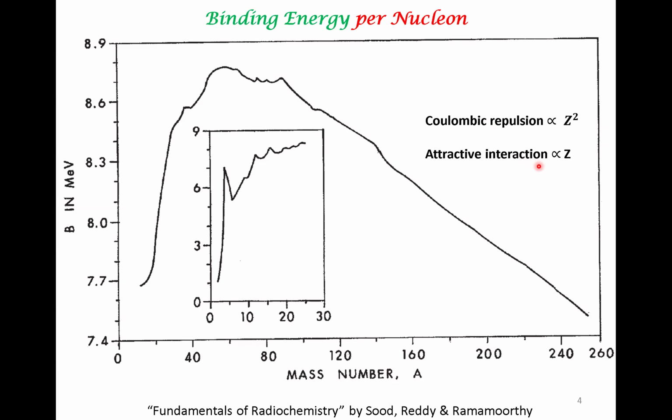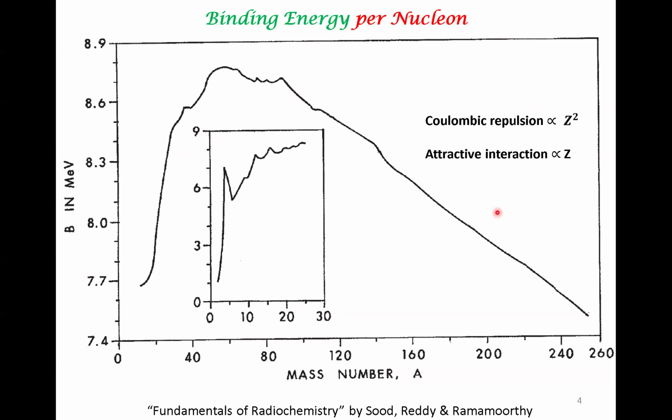So when Z is smaller, this tends to dominate. When Z is larger, because this varies quadratically with Z, this dominates. So the reason why the binding energy decreases as the mass number increases in this region is because the effect of Coulombic repulsion is much larger.